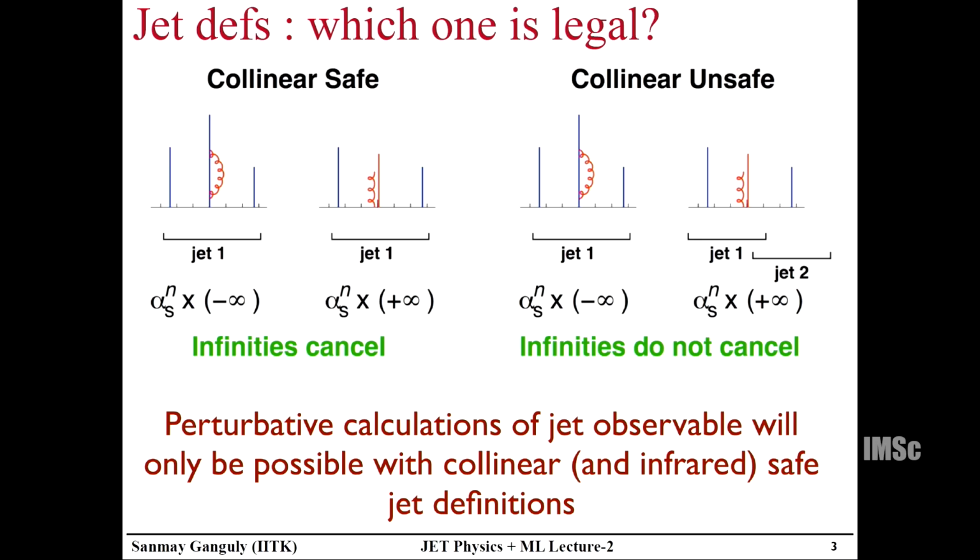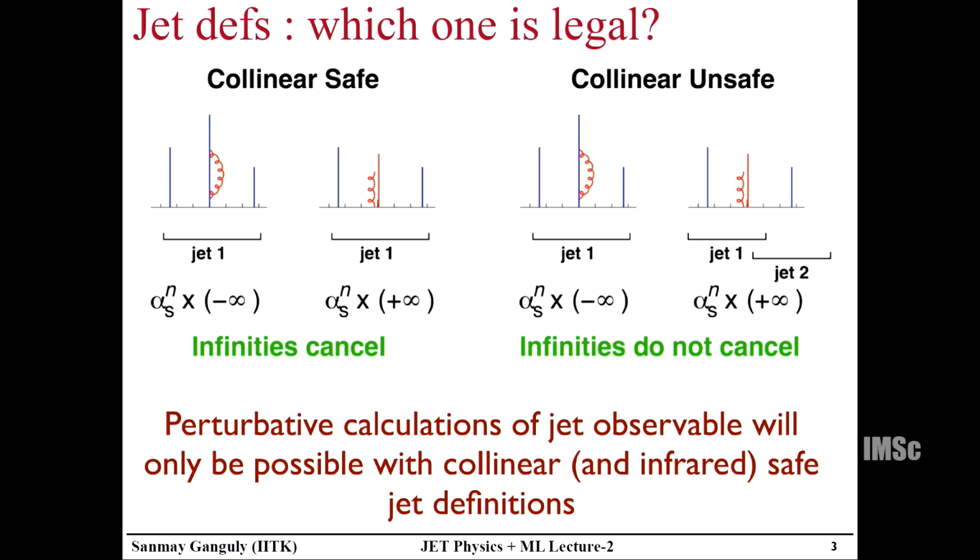If jet 2 is a good algorithm, then once you club the plus infinities and minus infinities from real emission and virtual emission, for the case of jet 2, these 2 infinities won't cancel.